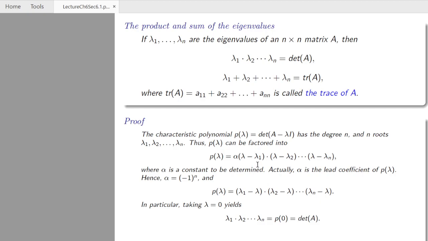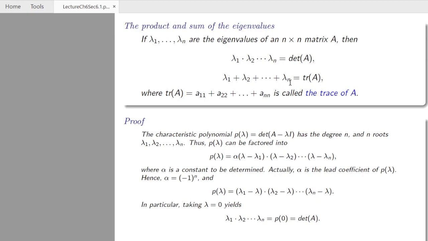But recall, P(lambda) equals the determinant of A minus lambda I. When lambda equals 0, that's the determinant of A minus 0. So P(0) actually equals the determinant of A. In this way, we got the first equation, which says the product of lambda 1, lambda 2 to lambda n equals the determinant of matrix A.